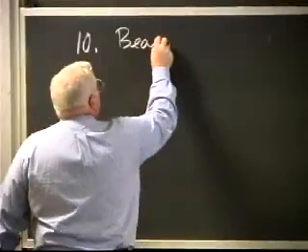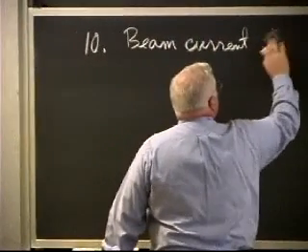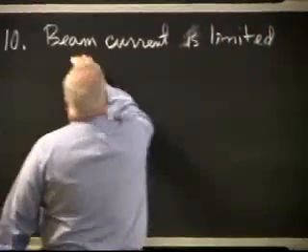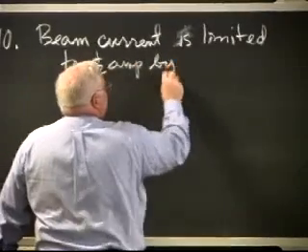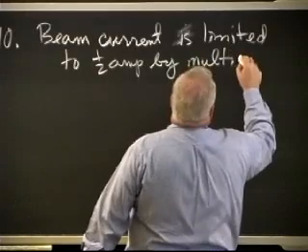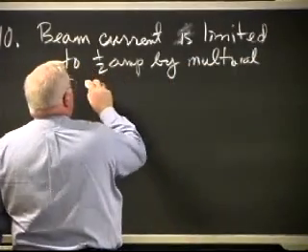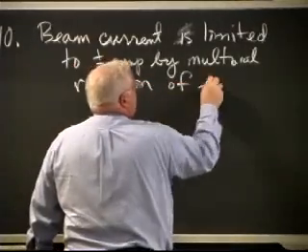And why is that? Because here the beam current is limited to half an amp approximately by mutual repulsion of the electrons.